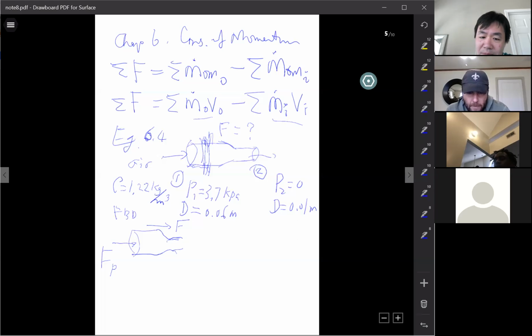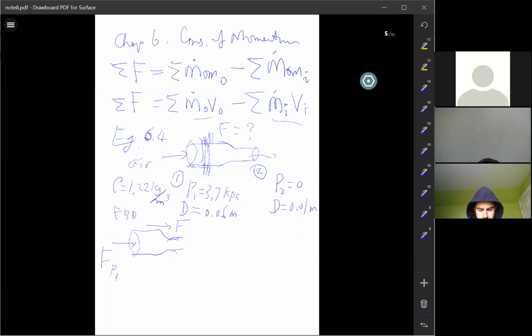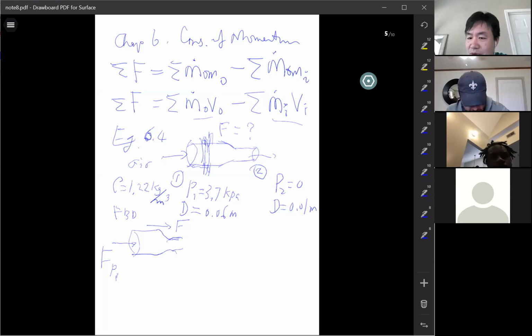The FP1 is on the inlet, and I'm certain it is going to the surface. Everybody, any questions? Anything unclear? If you see a pressure, you need to have a pressure force. That makes sense? How about the outlet?